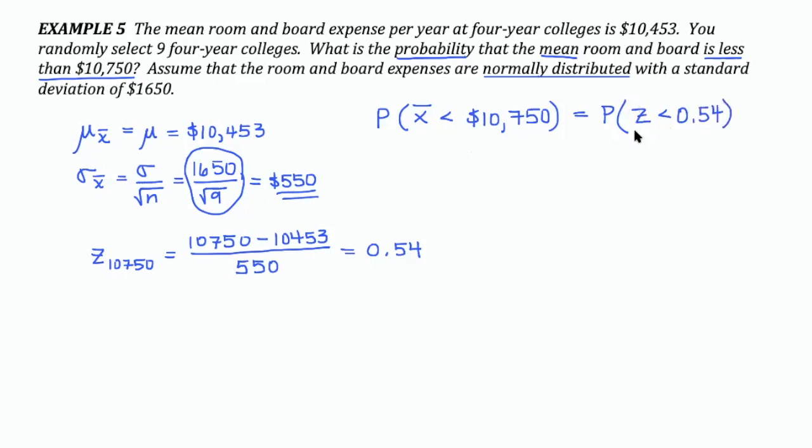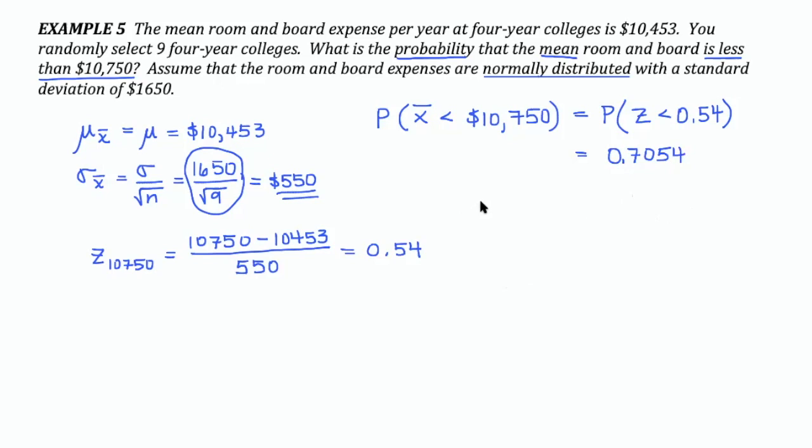The probability of z-scores being less than some number is exactly what you get when you read the standard normal table. You're going to look up the z-score of 0.54, and whatever probability is in that part of the table, that is your answer. And it turns out that's 0.7054. Again, that's roughly 71%.